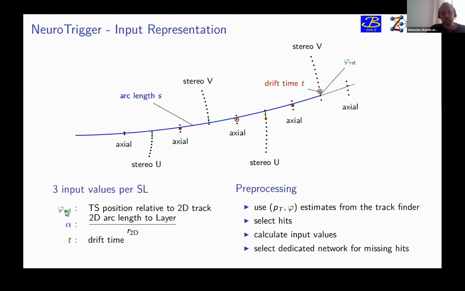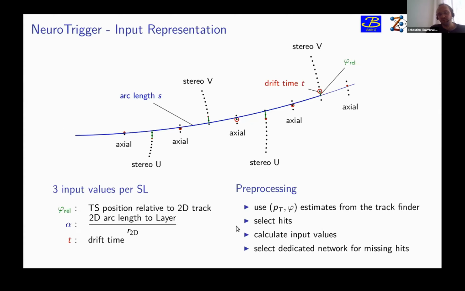This is phi rel, which is then the distance between the track segment position and the 2D track. So this phi distance here. And alpha is the path length, the arc length along the 2D track to a track segment divided by the radius of the 2D track. So it's like a 2D coordinate system relative to the 2D track. And additionally, the drift time as third parameter.